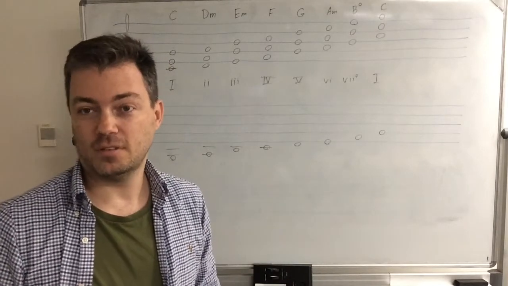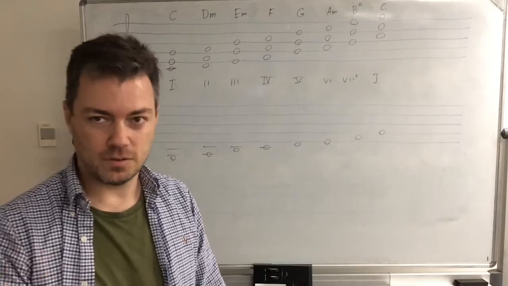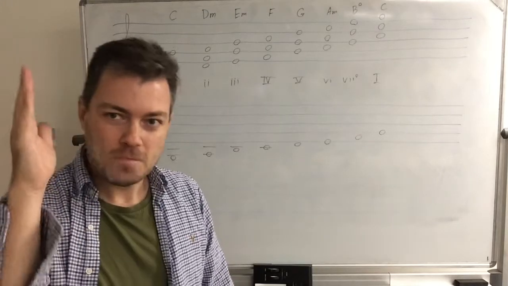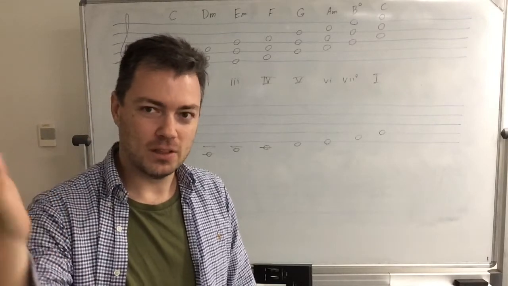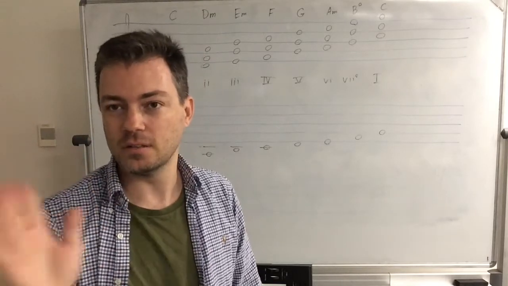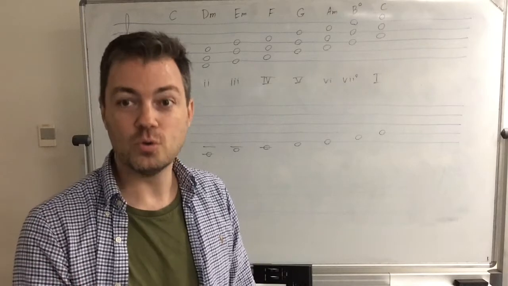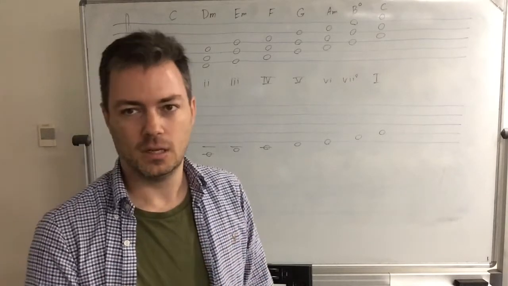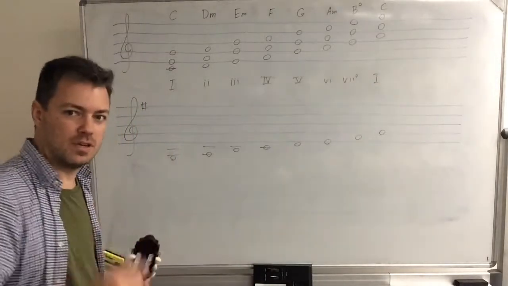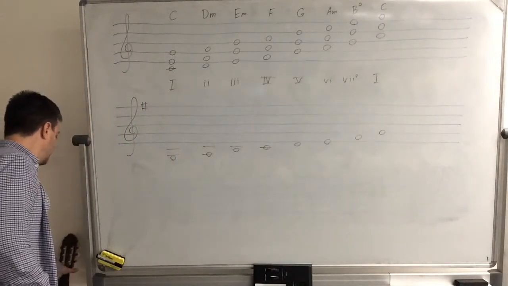A lot of even songs that aren't even pop songs, you know, different styles, use 1, 5, 6, 4. If you watch The Axis of Awesome, they literally go through 50 songs that all use 1, 5, 6, 4. Sometimes they'll start at 6, 4, 1, 5, but same sort of thing. It's a great video to watch. Okay, let's keep moving now.